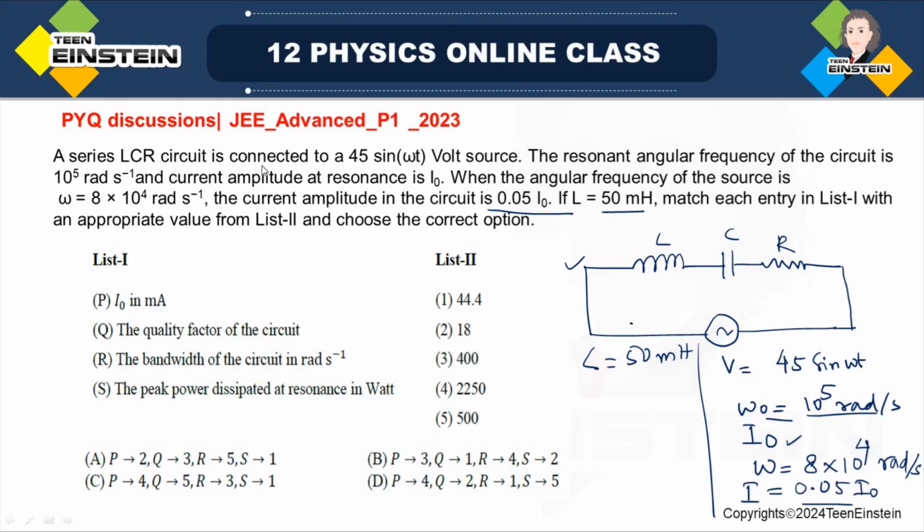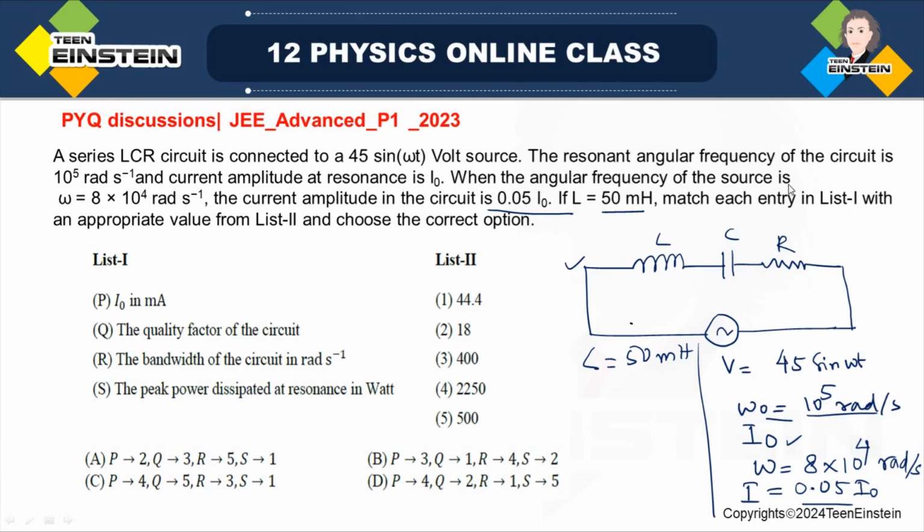A series LCR circuit is connected to a 45 sin omega t volt source. The resonant angular frequency of the circuit is 10 to the power 5 radian per second and current amplitude at resonance is I0.